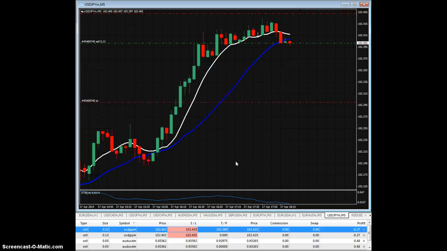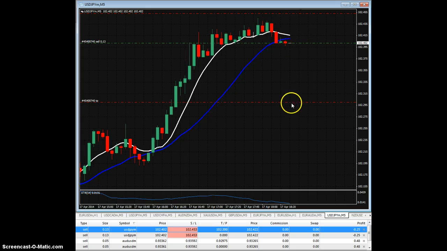Put that in there. As you can see here, here's my stop, and here's where I would take an initial profit. So you can see I'm risking this much and trying to get this much. Essentially I've set this as a 2-to-1 risk to reward.